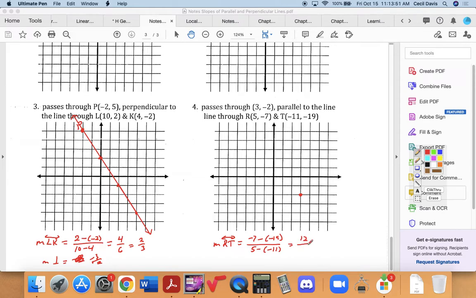See, that's a positive 12 over 16, which is 3/4. So the slope parallel will also be 3/4. And it goes right to the edge there, and looks something like this.